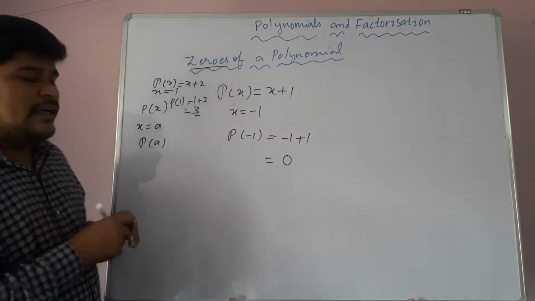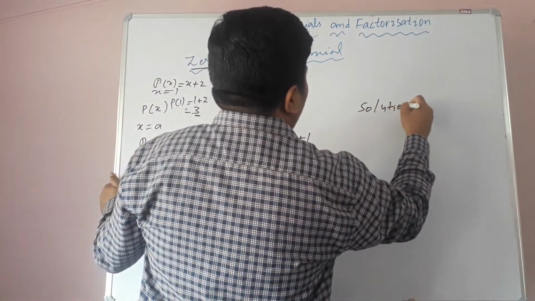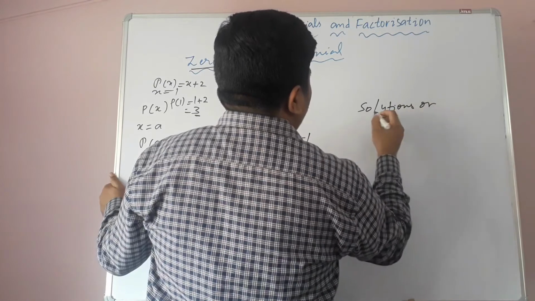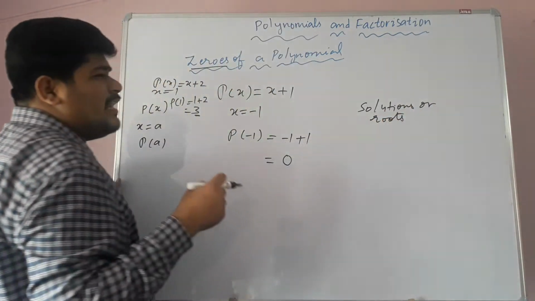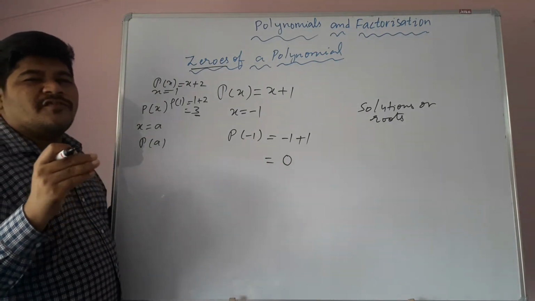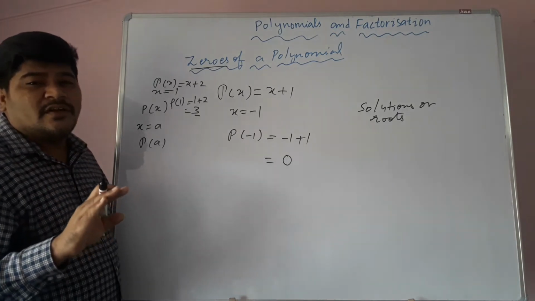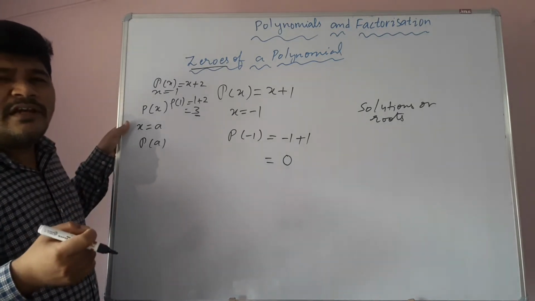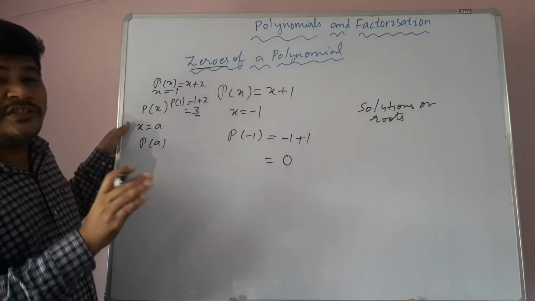Zeros are also called solutions or roots. And students, any polynomial you take will have a number of zeros at most equal to its degree.